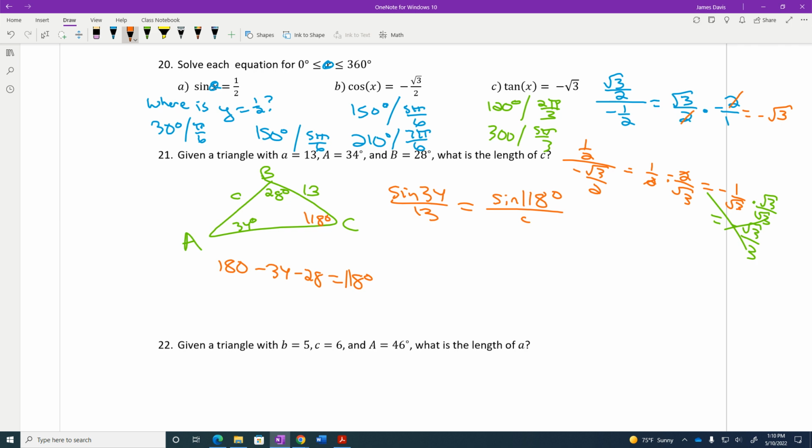We're then going to cross multiply and divide. Sine of 34 times c equals 13 sine of 118. And then we just divide.